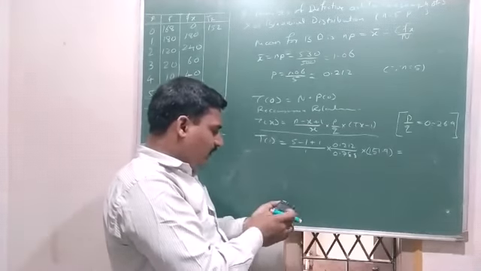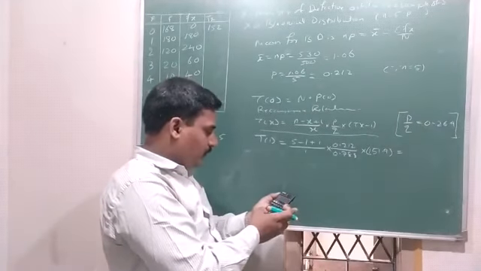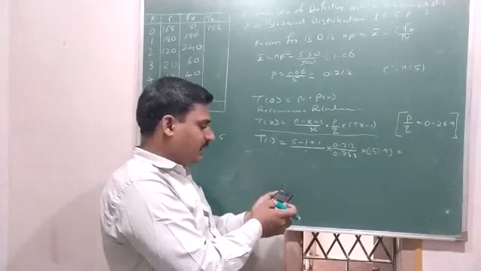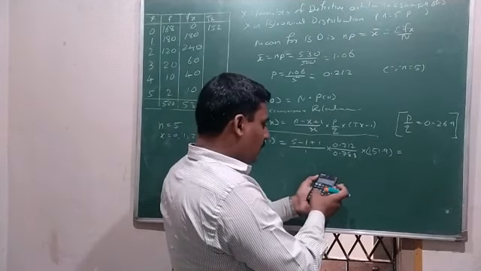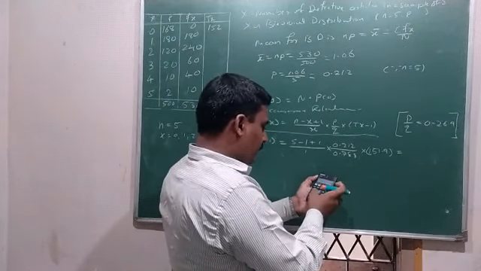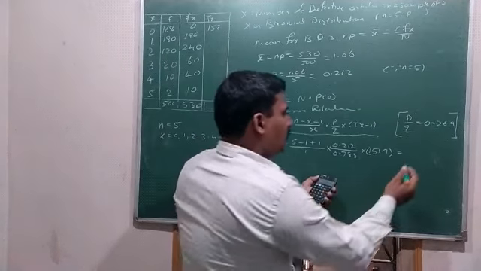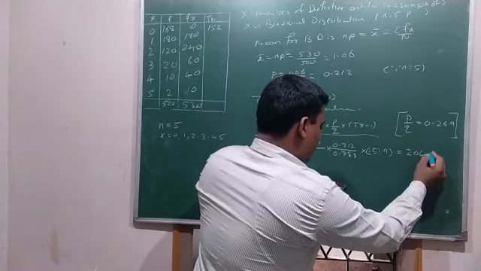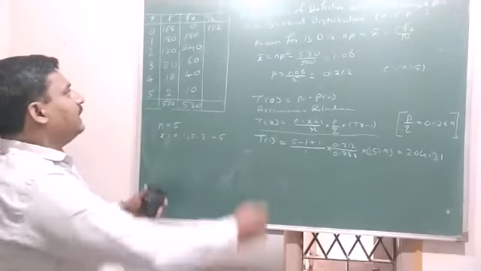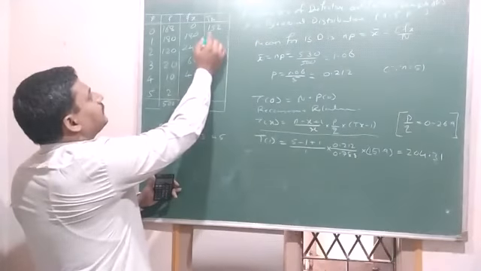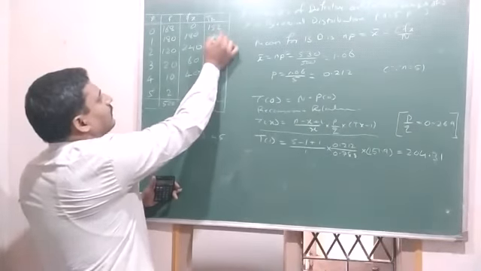So here 5 minus 1 plus 1 remains 5, divided by 1 is 5. So 5 into 0.269 into 151.9 is equal to 204.31, approximately 204.